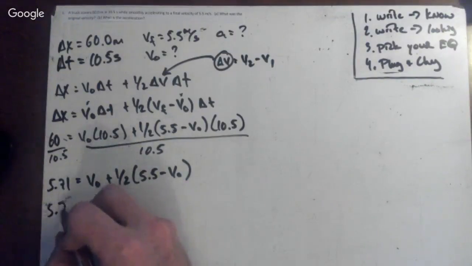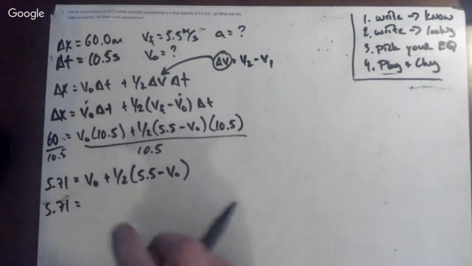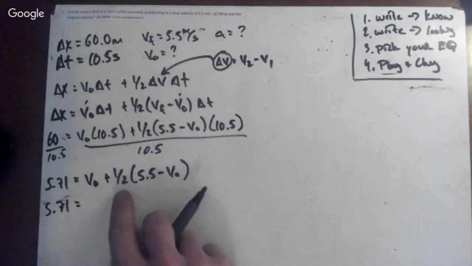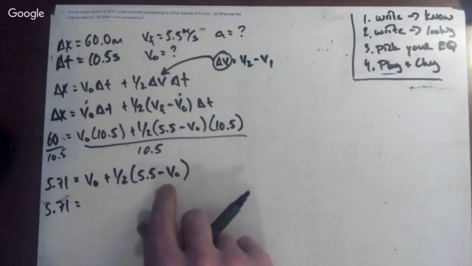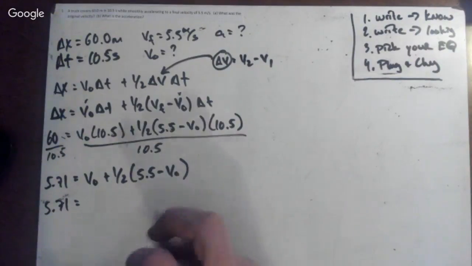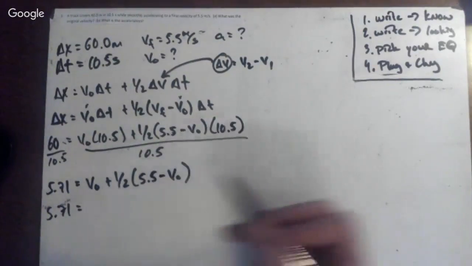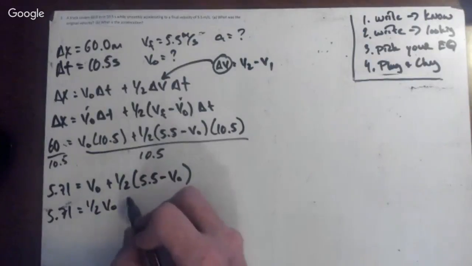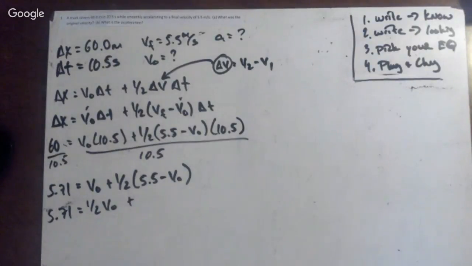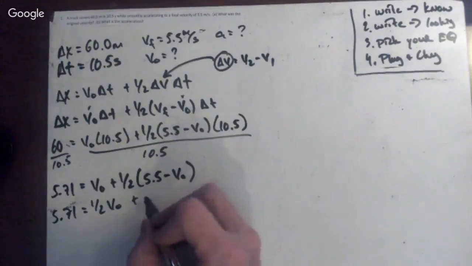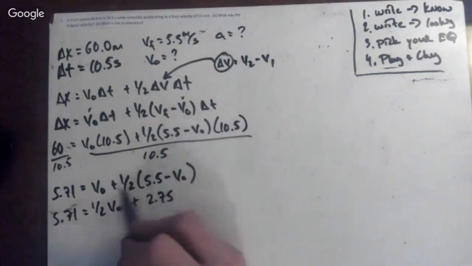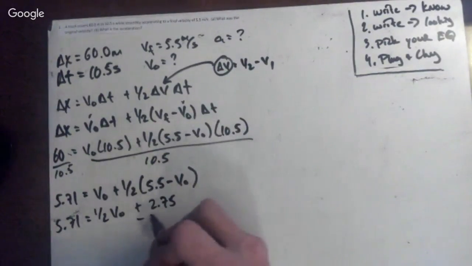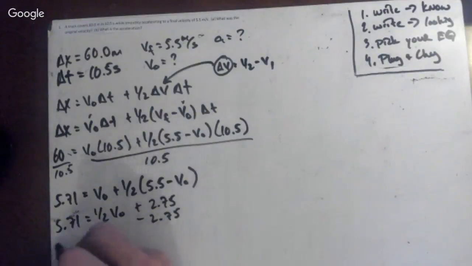Now all we have to do is multiply through here and then combine like terms. So 5.71, this V0 is going to be combined with this negative half of V0, and V0 minus a half of V0 is just 1/2 V0, plus 1/2 of 5.5, which is 2.75. See, positive, positive. Now, subtract 2.75 from both sides.